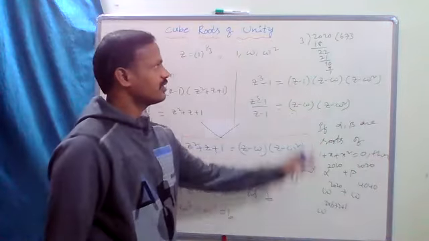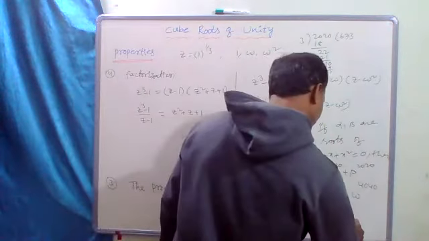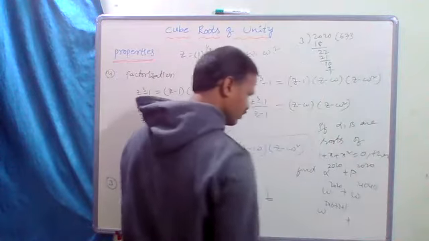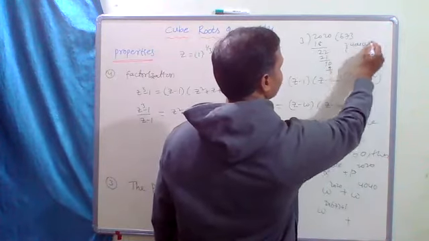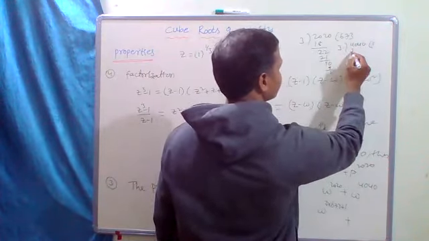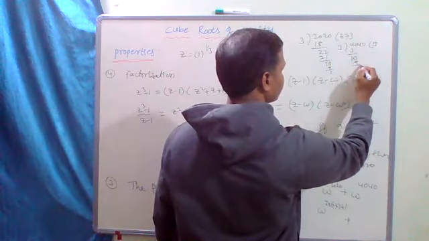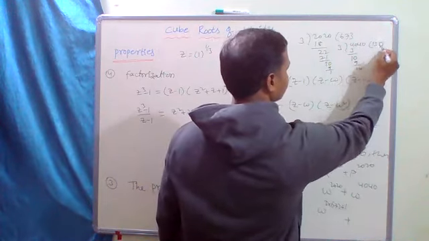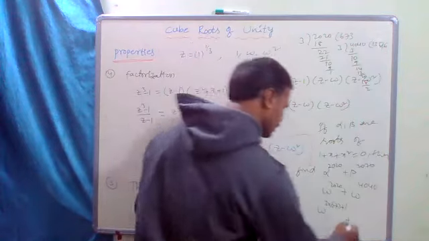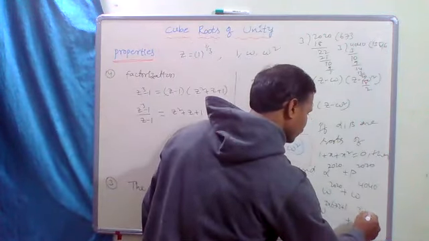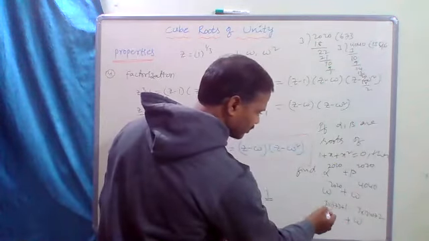Similarly, for 4040, we get 3 into 1346 plus 2, so omega power 3 into 1346 plus 2. Now omega power 3 into this becomes 1.